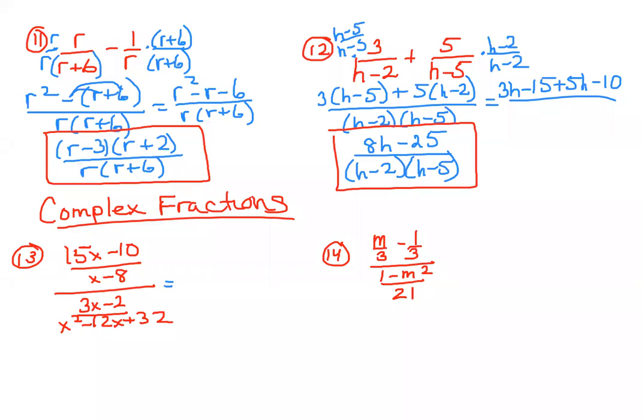So what can I take out of 15x and 10? I can take a 5 out. So I get 3x minus 2 over x minus 8 times, and I'm going to actually write this down here where I have more space. So I'm taking a 5 out.